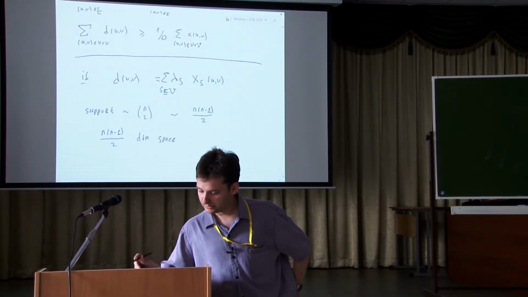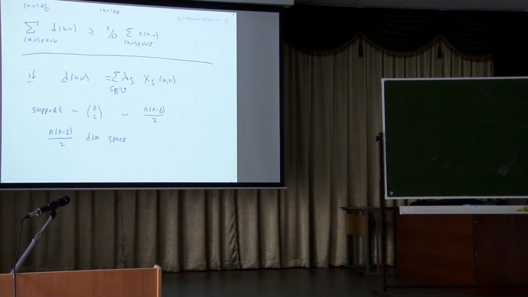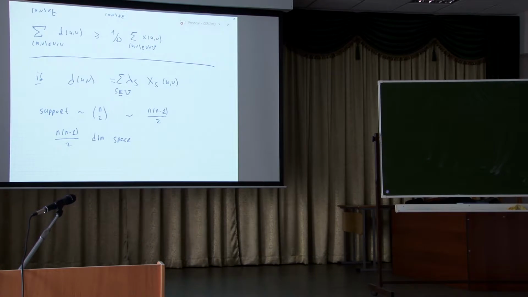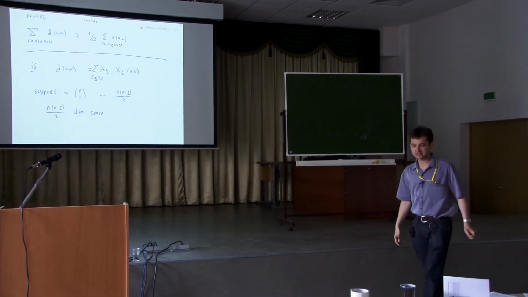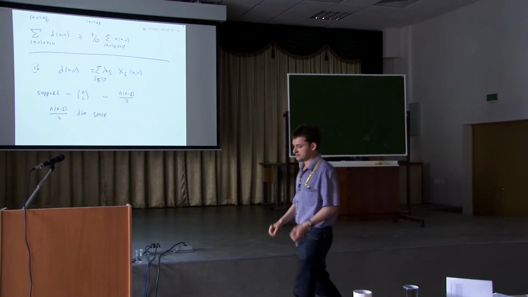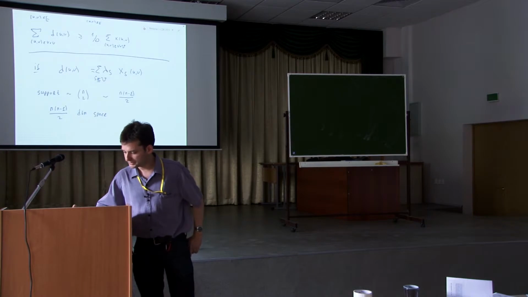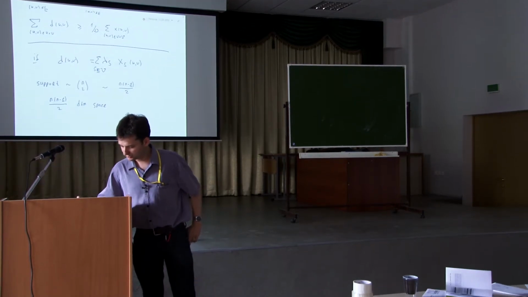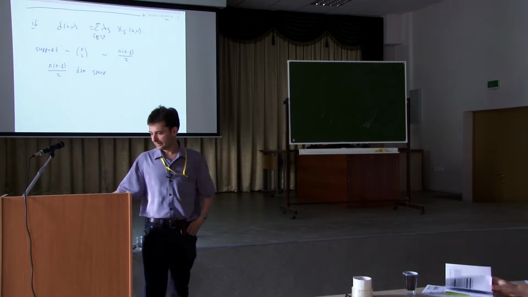And now we use Carathéodory's theorem to argue that if a point in high-dimensional space is a convex combination of some other points, then it can also be expressed as a convex combination of at most n times n minus 1 over 2, probably plus 1, points.